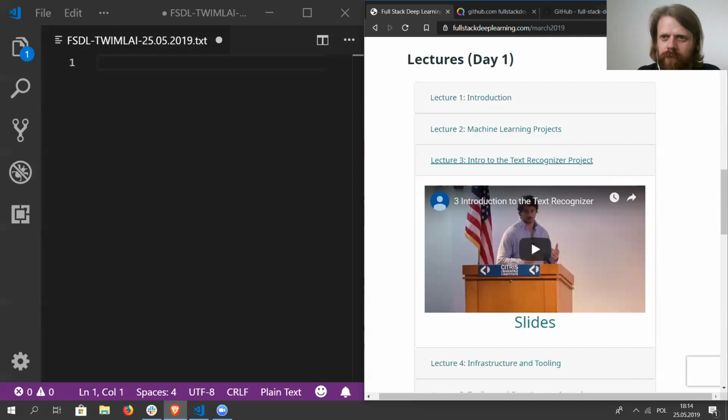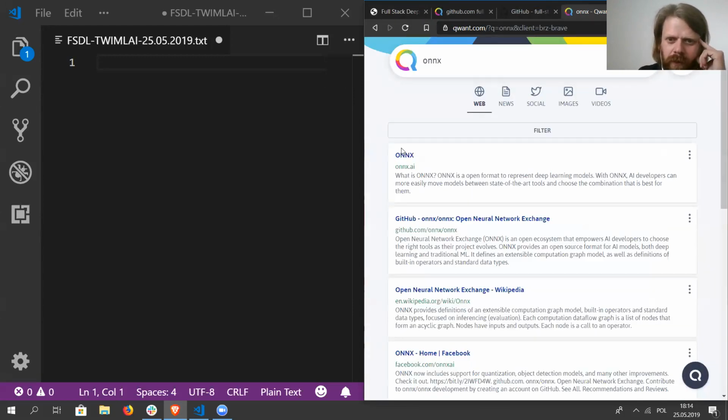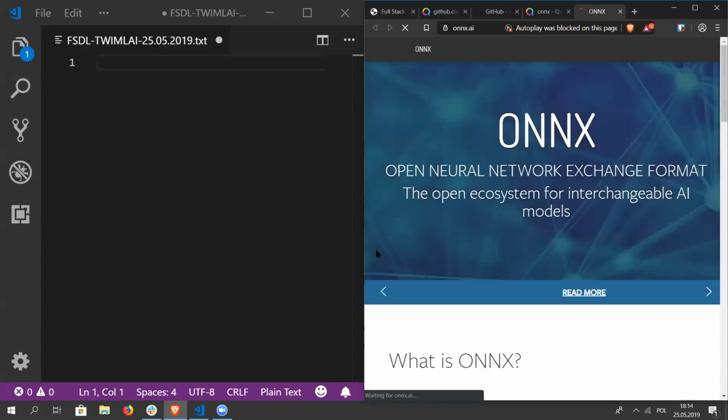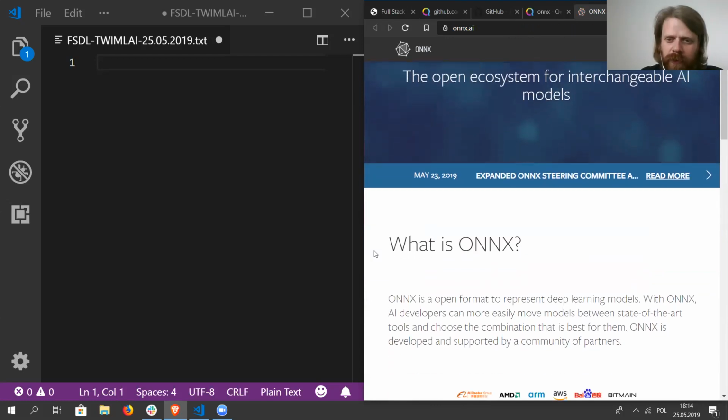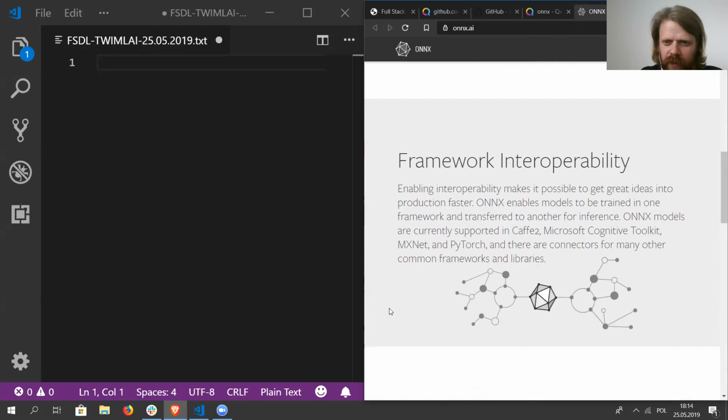Let me try to look it up. It's ONNX, I think. Sorry, yeah, it's an open format to represent deep learning models, so you should be able to move from one framework to another. PyTorch is there, but I don't actually see TensorFlow in it, so I'm not sure if you can transfer your PyTorch models to TensorFlow and the other way around.